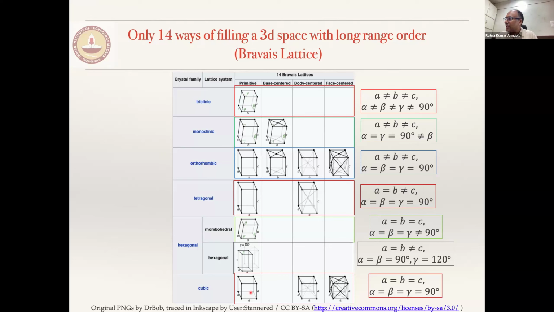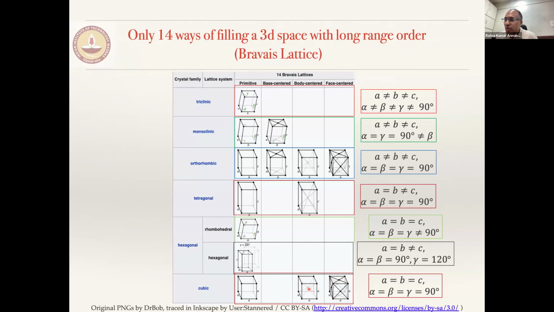If you look at the cubic crystal, you will see that it exists in the primitive unit cell structure, which is called simple cubic structure. You will have 8 corner atoms, and that's all. Atoms are sitting at the 8 corner points. And you have another structure called body-centered and another called face-centered.